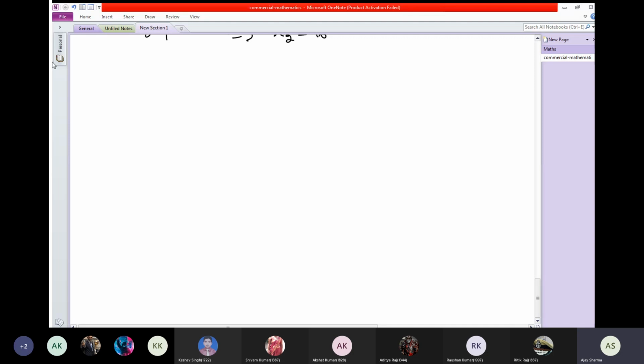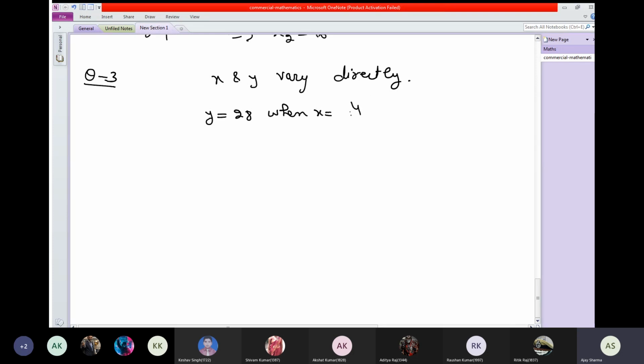See this one, question number 3. What is given? x and y vary directly. So their ratio must be the same. What is given? y is 28 when x equals 4 by 7.